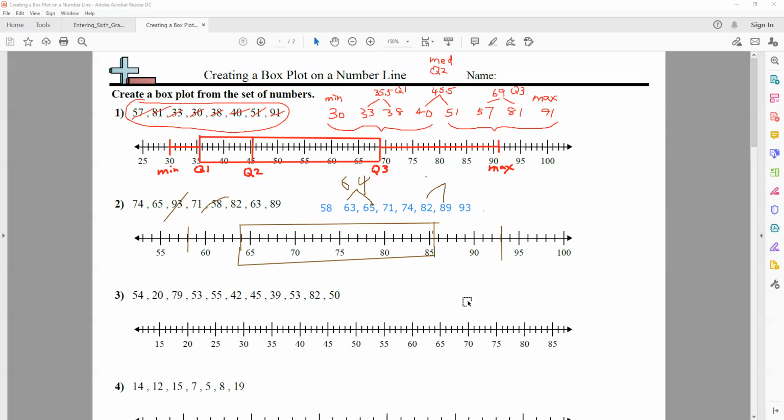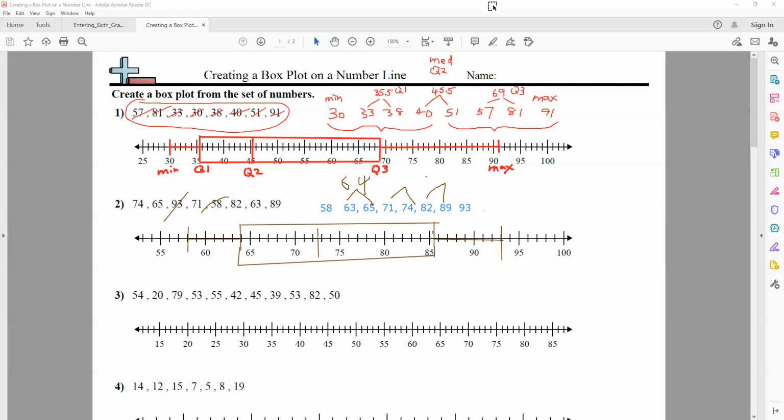Okay, now we're just gonna have to find the Q2, the middle. 72.5. 74, 72.5, always 0.5, okay. Yep, okay, good, that's it. You can save this. You know how to do that.